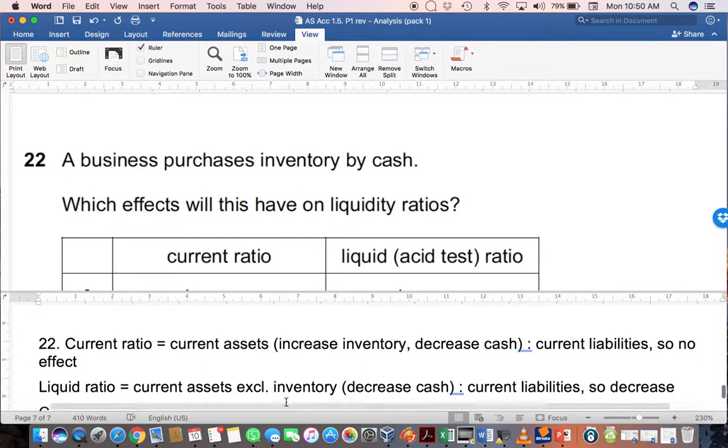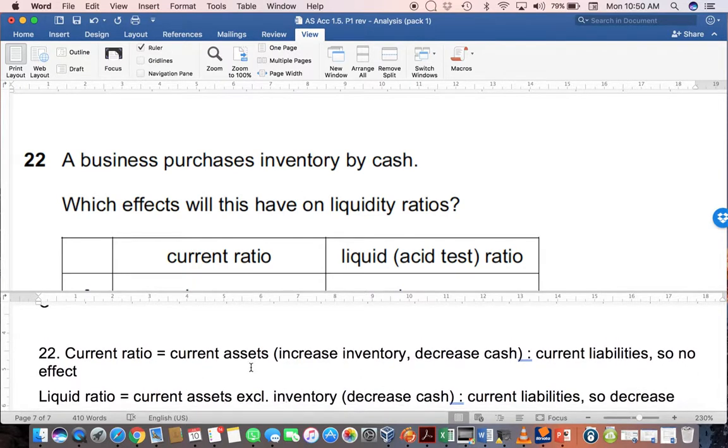Inventory increases but cash decreases, so in effect it actually cancels itself out and there is actually no effect on the current ratio. The acid test ratio, or the liquid ratio, however, is the current assets without inventory. In other words, excluding inventory or looking only at your receivables and your cash. And that is then compared to current liabilities. This means that the purchase of inventory will not come into play here at all, but the decrease in cash will.